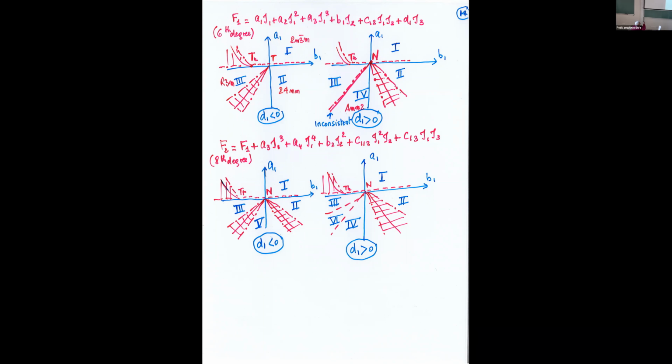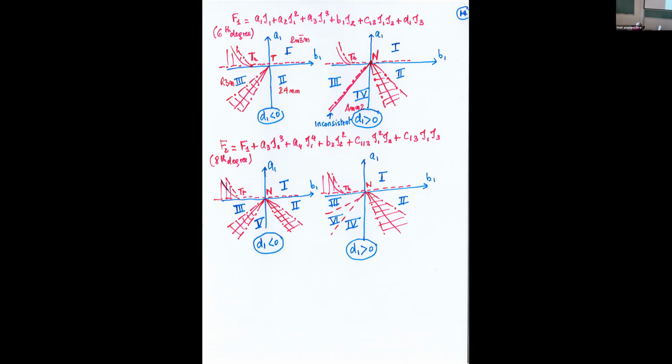If you go now, this is for D1, the coefficient of I3, which is negative. But when the coefficient becomes positive, then you have a phase which appears, which is precisely phase 4. Phase 4 appears because phase 4 is the intersection of phase 2 and phase 3, and so it appears between phase 2 and phase 3.